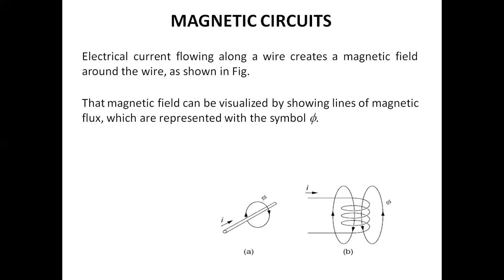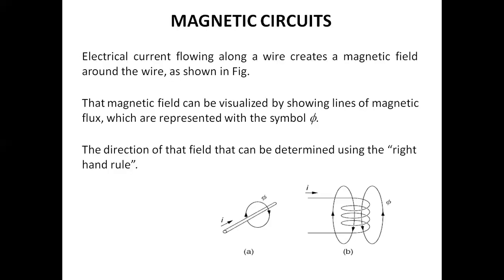Flux is denoted by phi, right? That is the symbol for the flux. The direction of the field can be determined using the right hand rule. Those are the Fleming's left hand and right hand rules we have studied in basic electrical engineering. Same thing, by using the right hand rule, we can find the direction of the field.